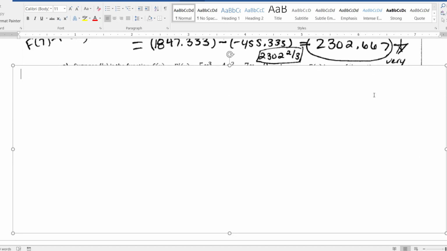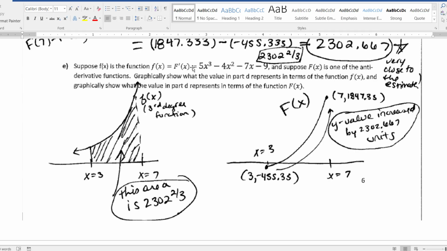Lastly then, the problem asks us to consider what all of this means graphically. So we integrated this rate function, f prime of x, this third degree polynomial. Here it is. From x equals 3 to x equals 7, it looks kind of like this.